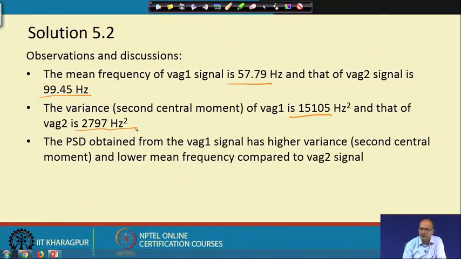So, the unit for the mean is hertz and for variance it is hertz square.